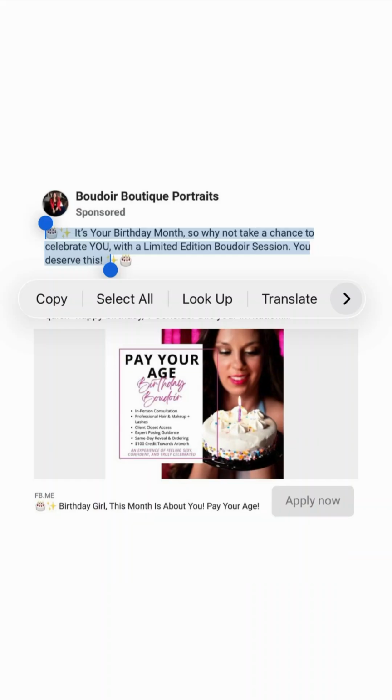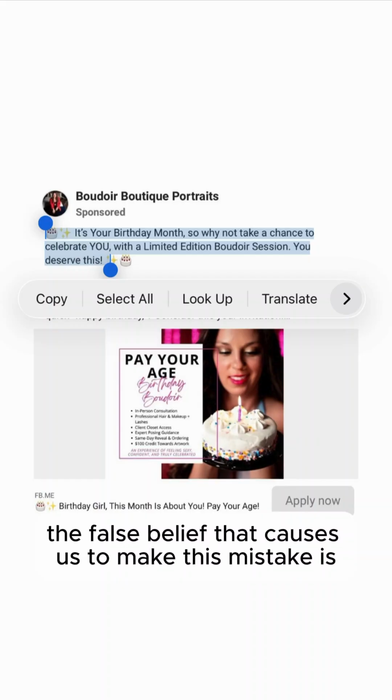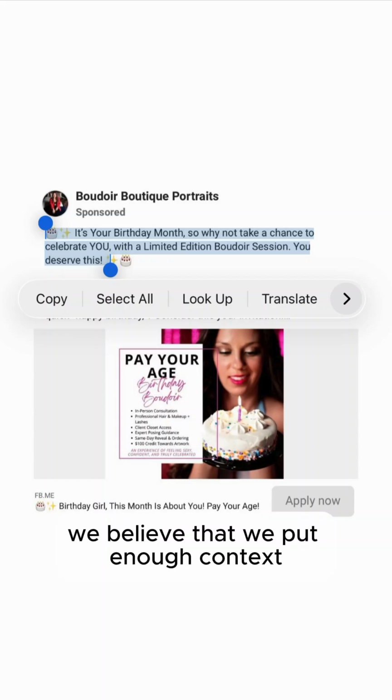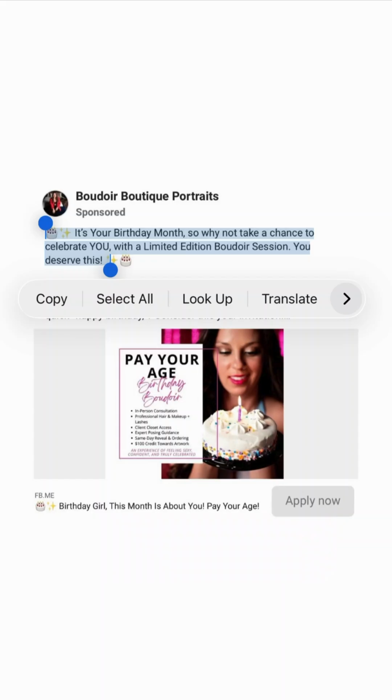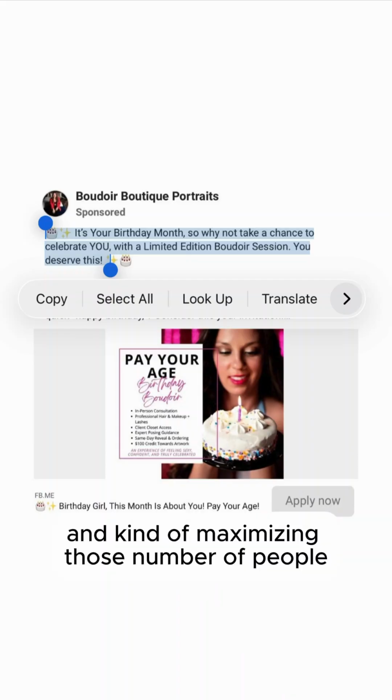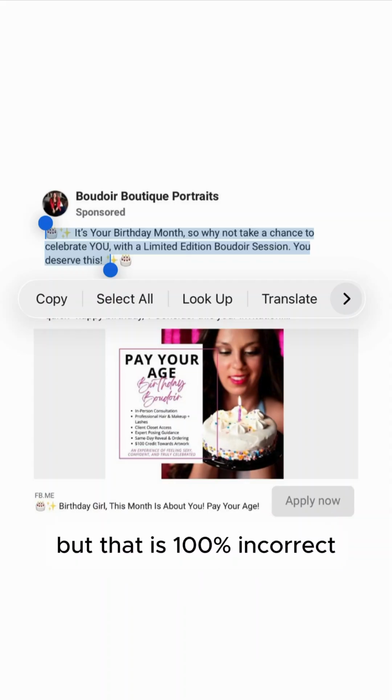The false belief that causes us to make this mistake is we believe that we put enough context to actually get the right people clicking through and maximizing the number of people. But that is 100% incorrect with the way it's set up right now.